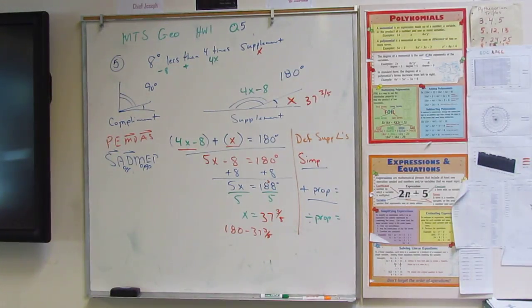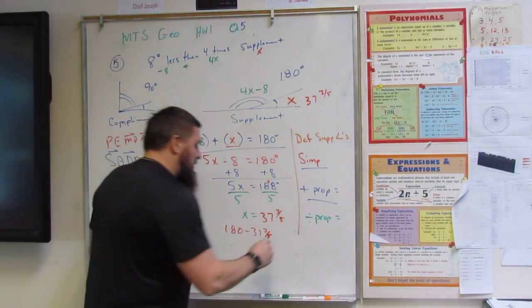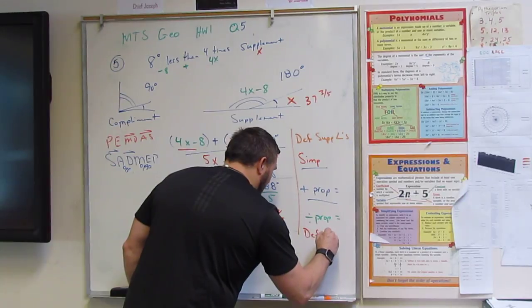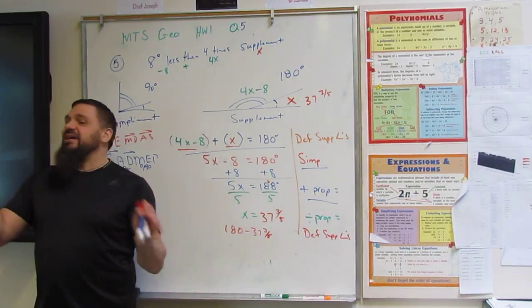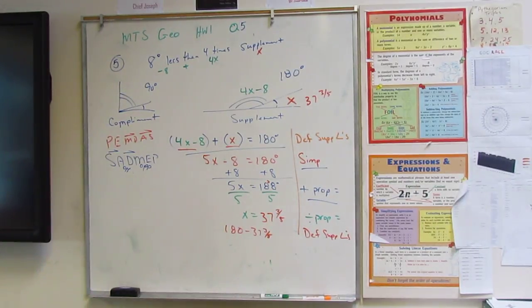That's it. So what am I going to write? I can't just say because it's supplementary. I have to sound like an intelligent nerd, like I know what I'm saying. So instead of saying because it's supplementary, I'm going to say definition of supplementary angles. Sounds so professional, right?